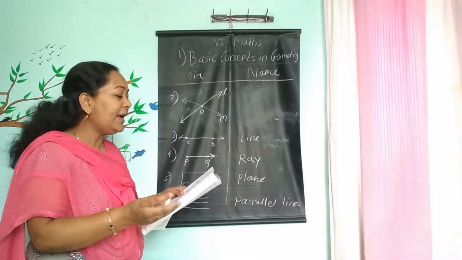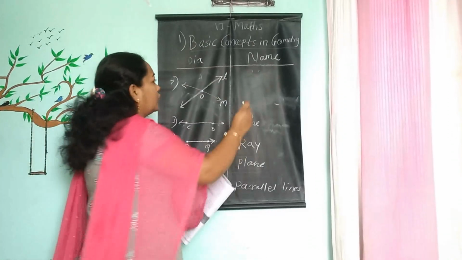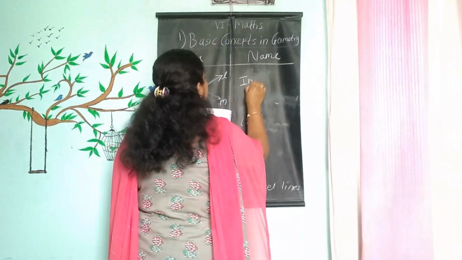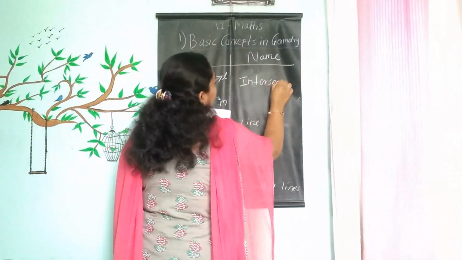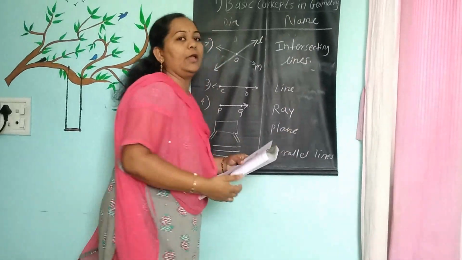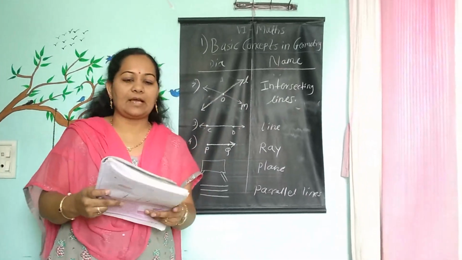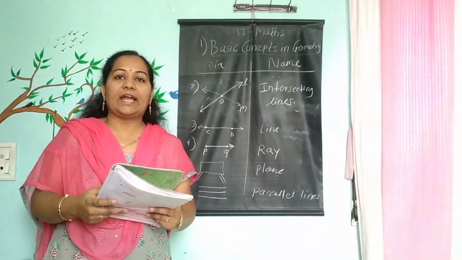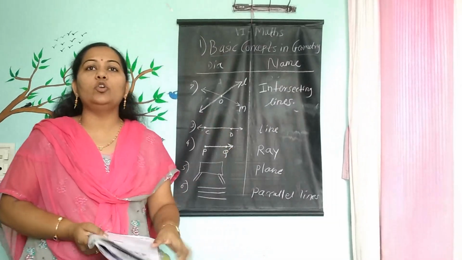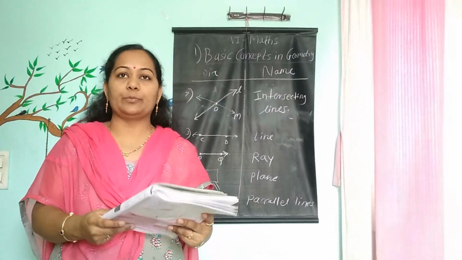So perpendicular lines are always intersecting lines. These two lines are called intersecting lines. I hope you understand all these basic lines. So these are your short notes as today's assignment for writing purposes.